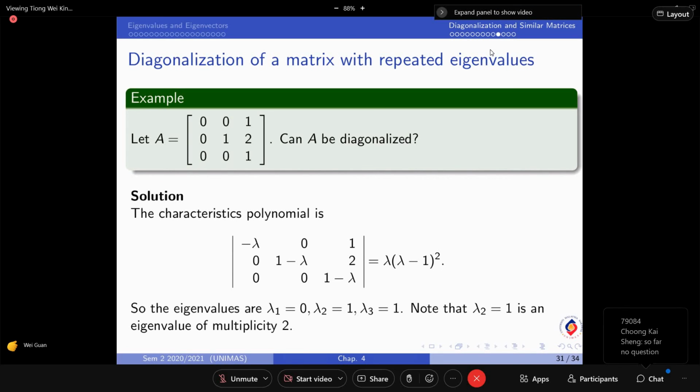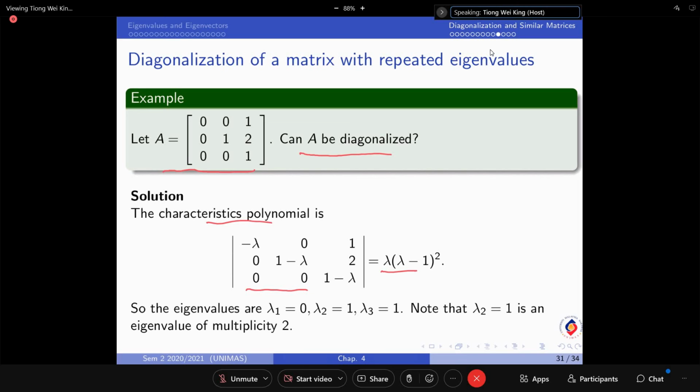Now, another example. We have a similar matrix A. Again, can A be diagonalized? Now, if you do the characteristic equation, we will obtain the same eigenvalues.